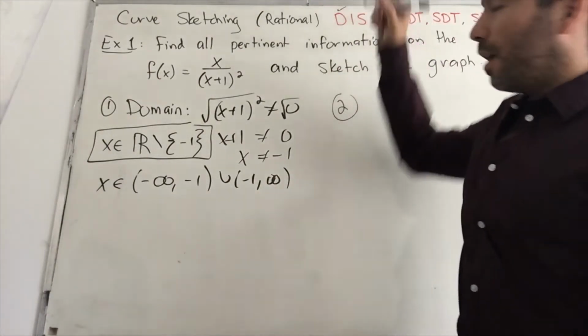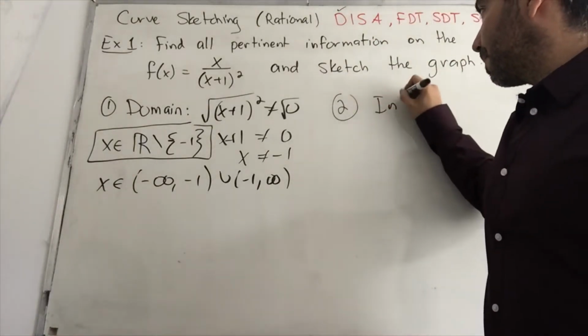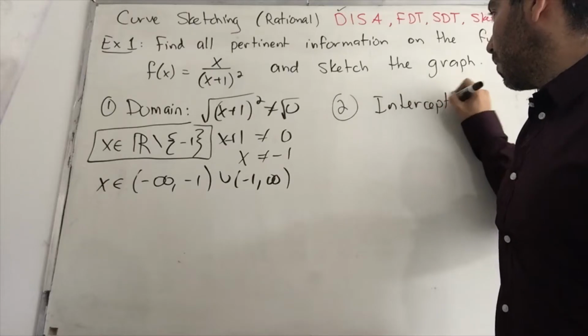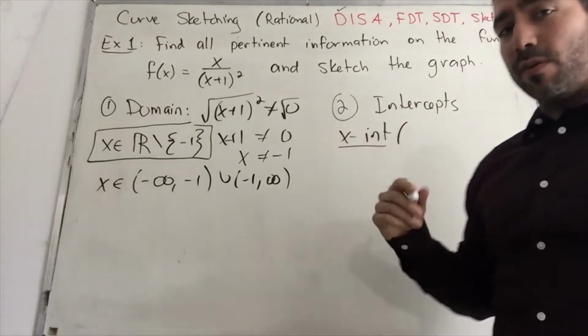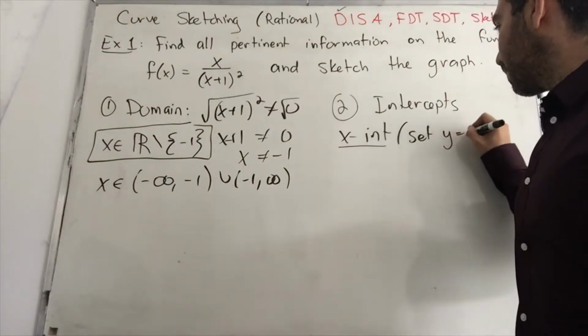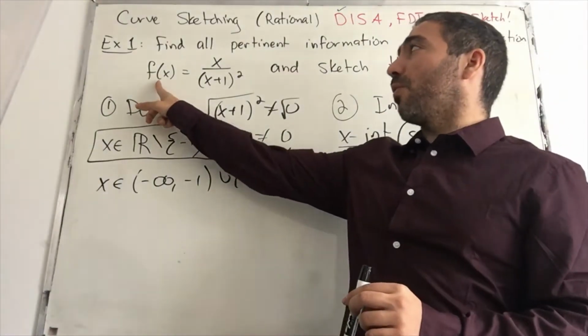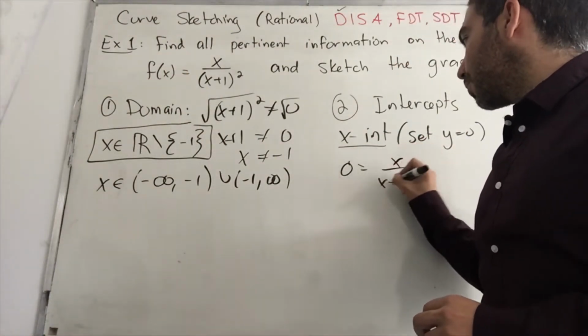Let's go with I. I is the intercept. Let's find our intercepts. We start off with the x-intercept, which, recall, we solve by letting y equal 0. We replace our f of x or our y with 0, and what we get is 0 equals x over (x plus 1) squared.